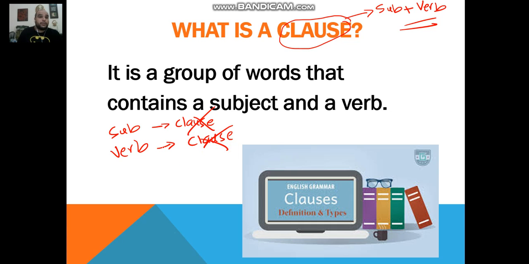Some people are going to say, teacher, first of all, please define a subject and define a verb. A subject is a person or an animal or something that the sentence is about. It's always the doer of the verb, or what the sentence is about. And usually we have the personal pronouns: I, he, she, it, you, we.